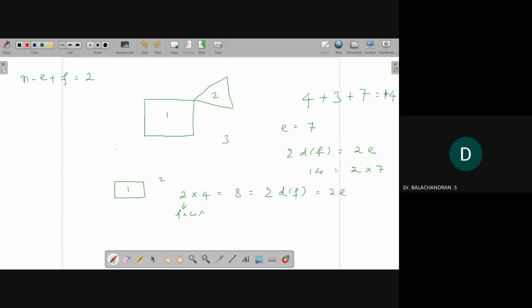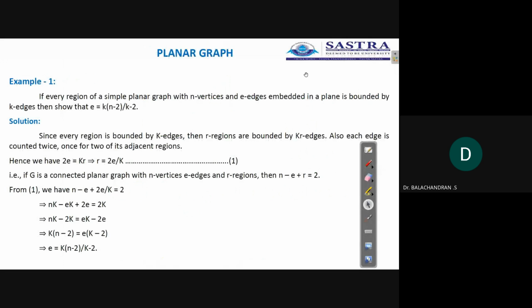Here 14 is what they mean by kr: we are counting all the edges, since each region is bounded by k edges.